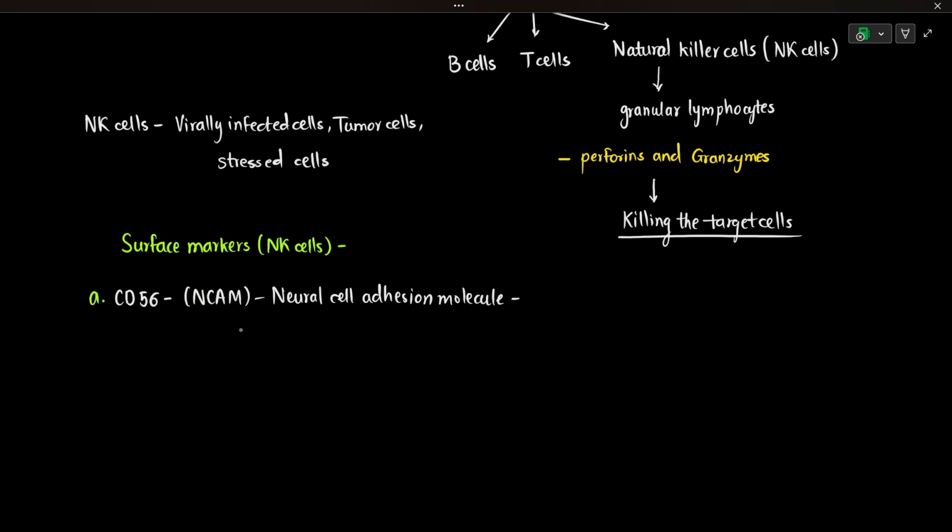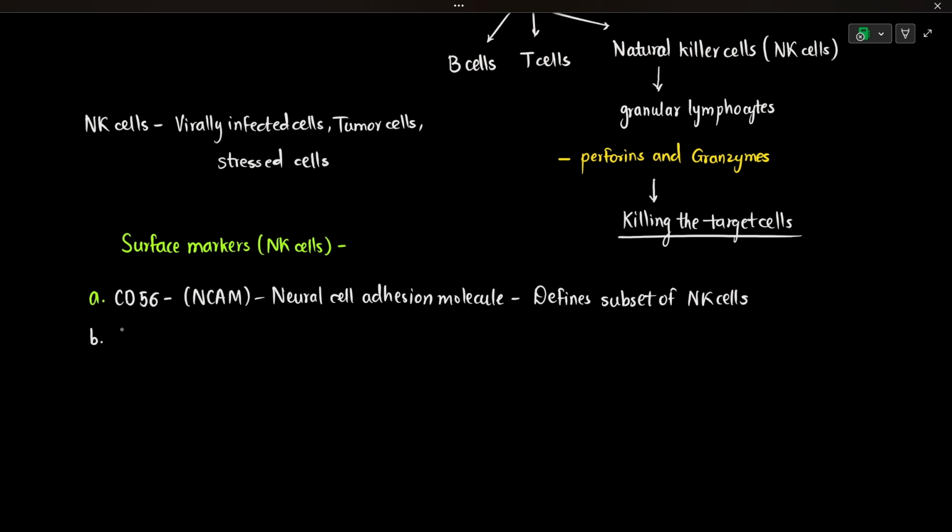So there are different types of natural killer cells depending upon what job they do, and for recognition of those different types, this surface marker helps a lot. It defines the subset of natural killer cells.